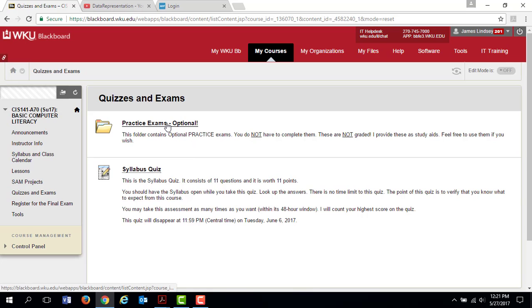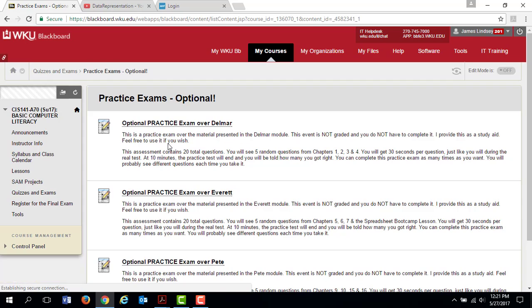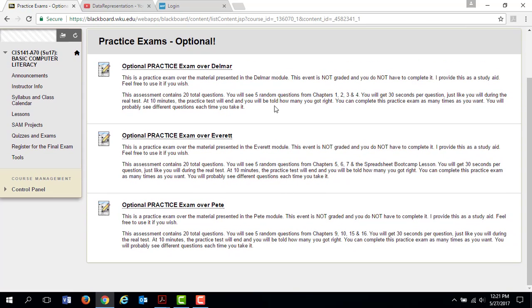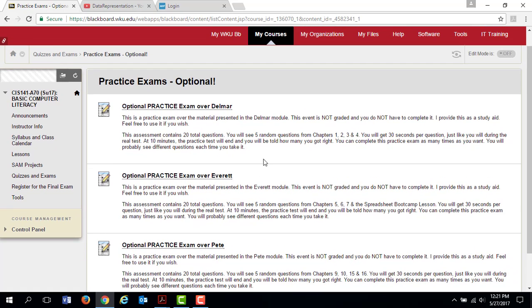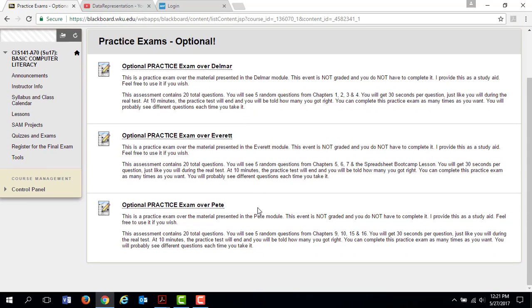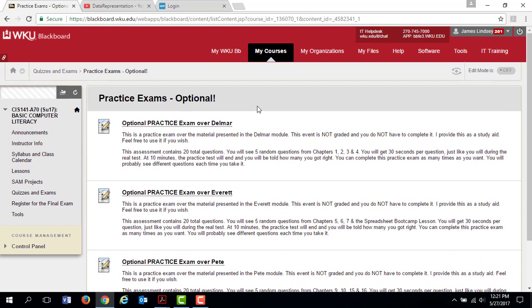In this folder, the practice exams, if you look in there, there are 3 different tests. And essentially these are practice tests for exactly what you'll see when you take exam 1, exam 2, and exam 3. My advice to you, based on what I've seen with the face-to-face classes, is the more times you do these, the better you're going to do on the actual exams, exam 1, 2, 3, because you're going to be used to that format.